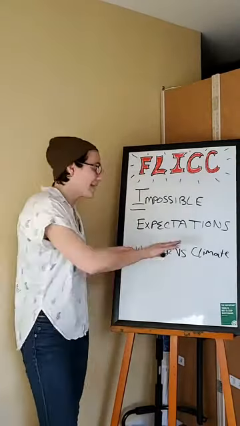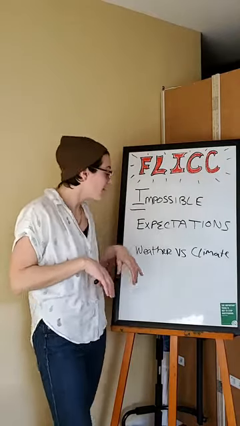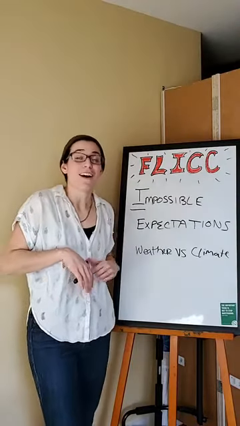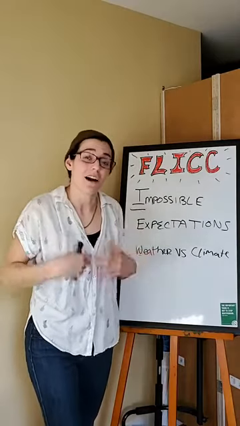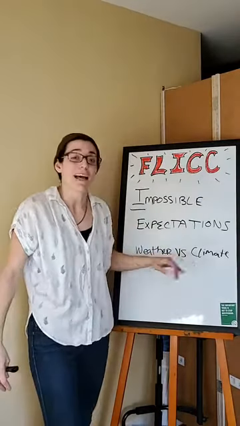Now, weather versus climate is an important and very simple idea to clarify for yourself, to be ready to defend against impossible expectations when it comes to climate change. Weather, of course, are those day-to-day temperature and precipitation fluctuations. We feel them on the short term, throughout days, throughout weeks. Climate, comparatively, are those long-term trends. In fact, we need 30 consecutive years of weather data to make up a climate trend.